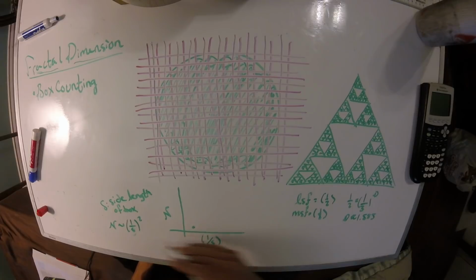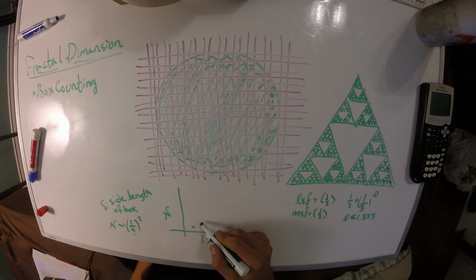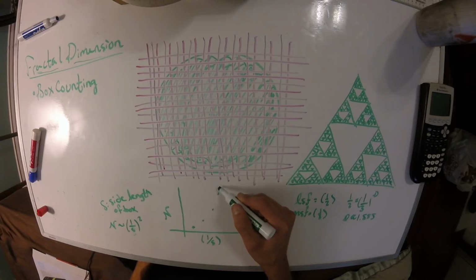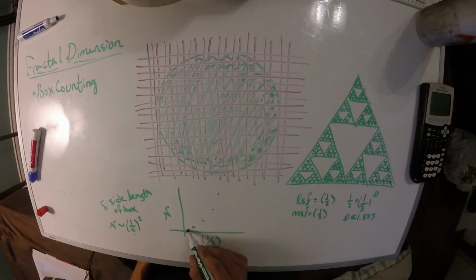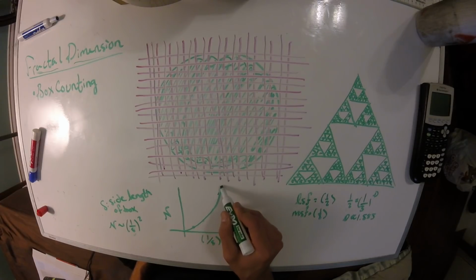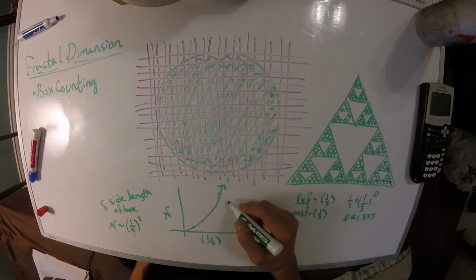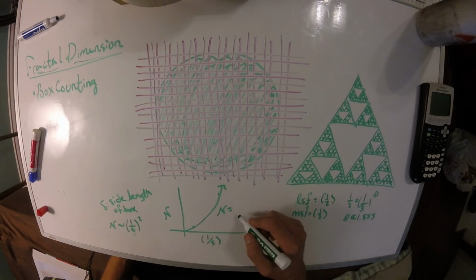So we plot 1 over s on the x-axis, and what we should get is something that perfectly fits to a parabola with some prefactors.